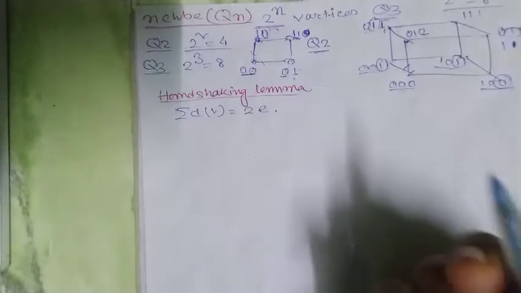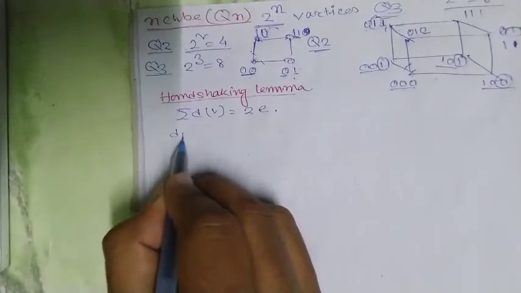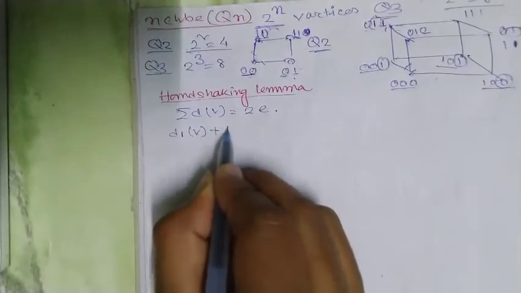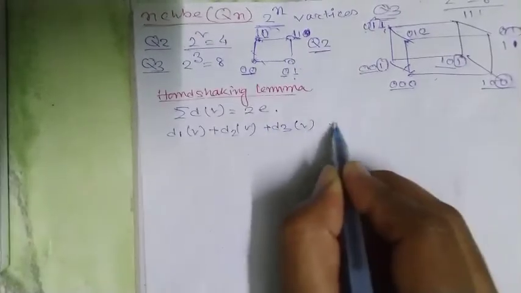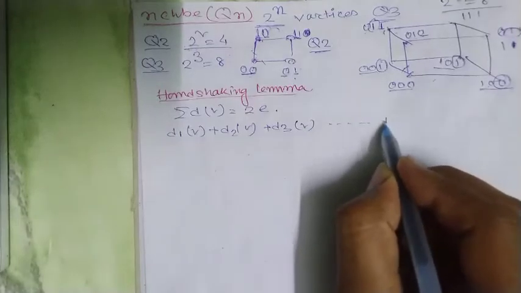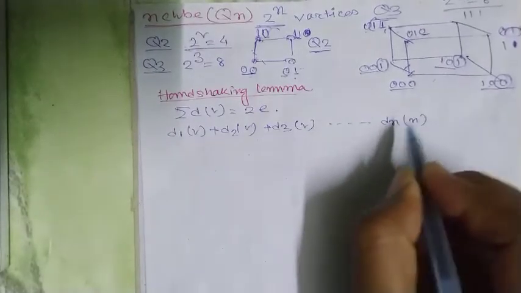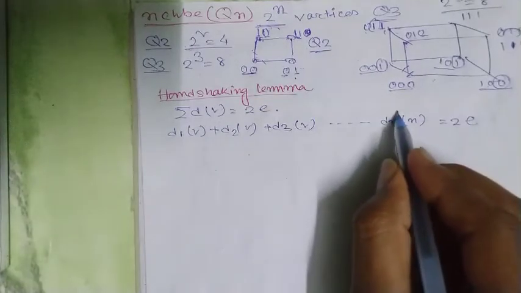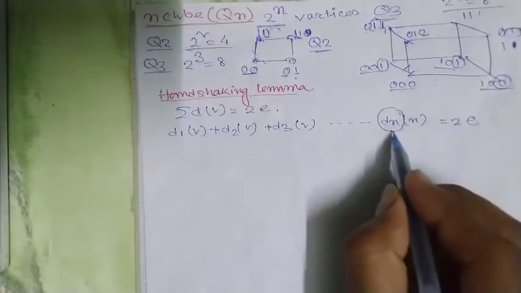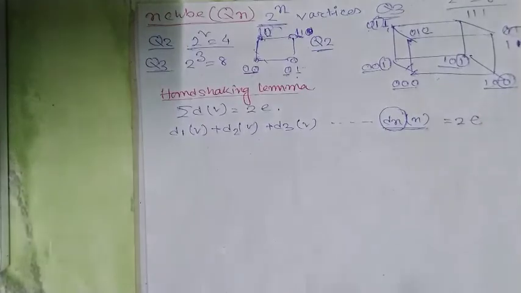So the summation of degrees of vertices means degree of vertex 1 plus degree of vertex 2 plus degree of vertex 3 and so on up to the degree of vertex n. And what is the number of vertices we have?